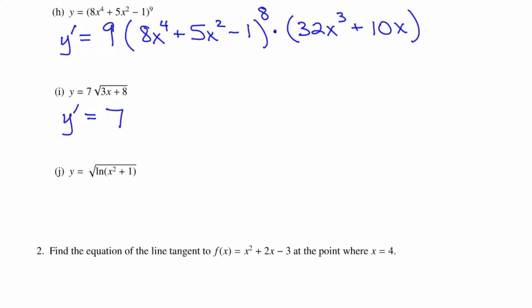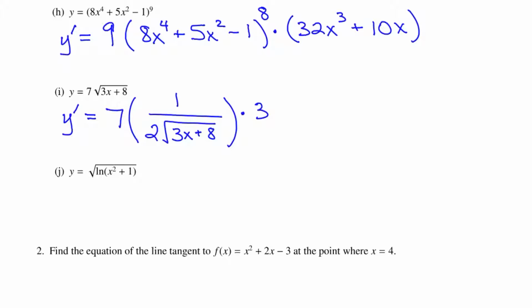Then we're going to multiply by the derivative of the square root. So it's going to be 1 over 2 square roots of, and then the inside stays the same here, 3x plus 8, but then we multiply by the derivative of the inside. The derivative of that inside is 3. That's the answer.